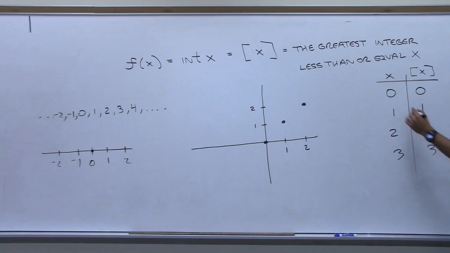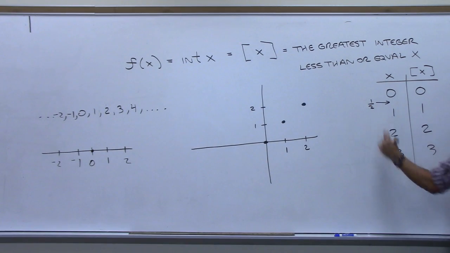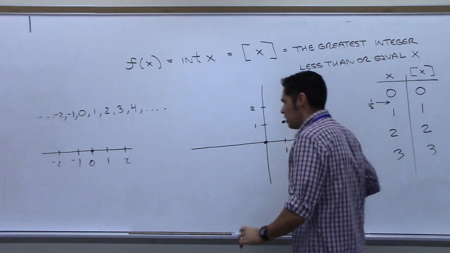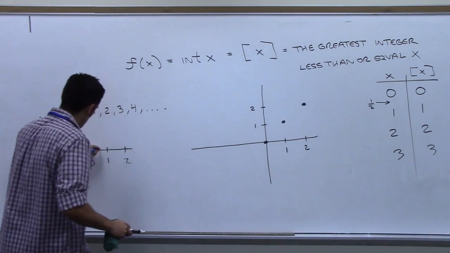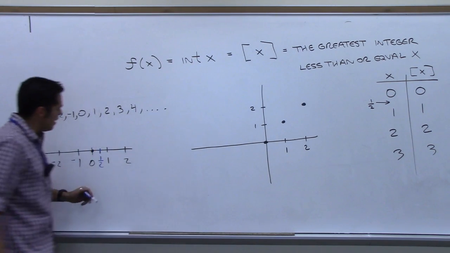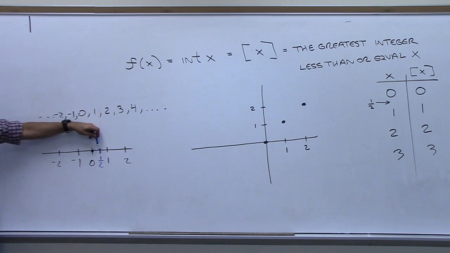How about a number in here, like 0.5, or 1/2. Let's go over here to 0.5 on this number line, which is right here. I want you to tell me the greatest integer that is less than or equal to this. 1 is greater than it. It says greatest integer you can find that is less than or equal to this.